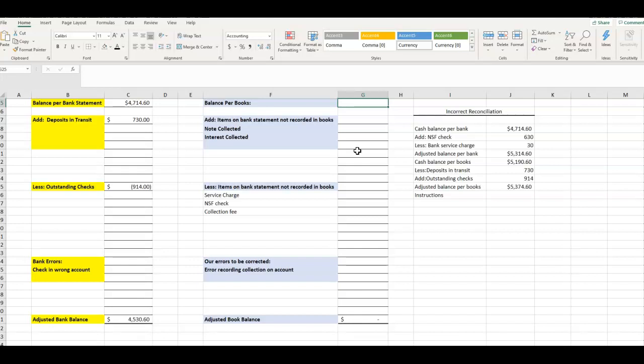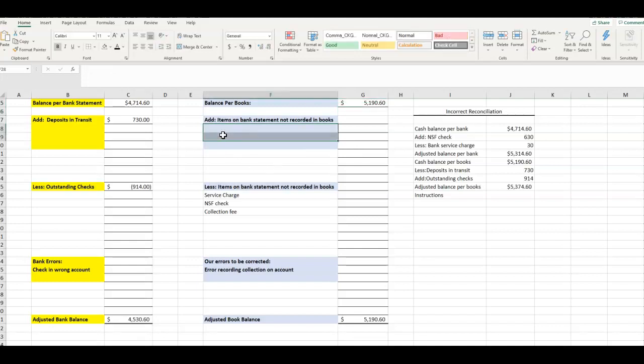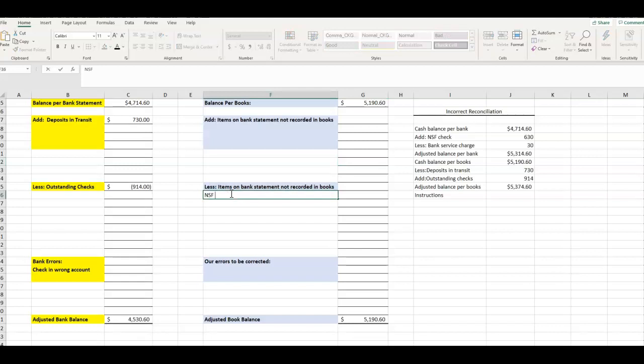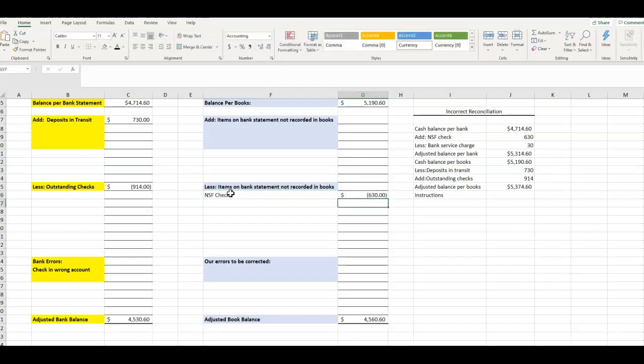Cash balance per the books, 190.6. Not unusual to have to go 2 or 3 times through this and find all your little errors. And, let's see. NSF check, we're going to subtract that. $630.